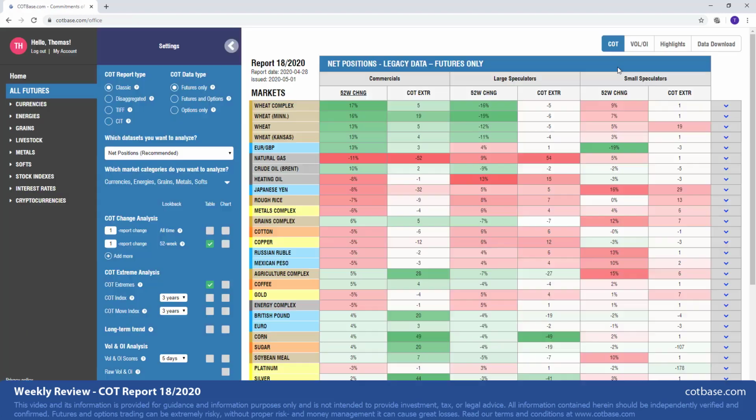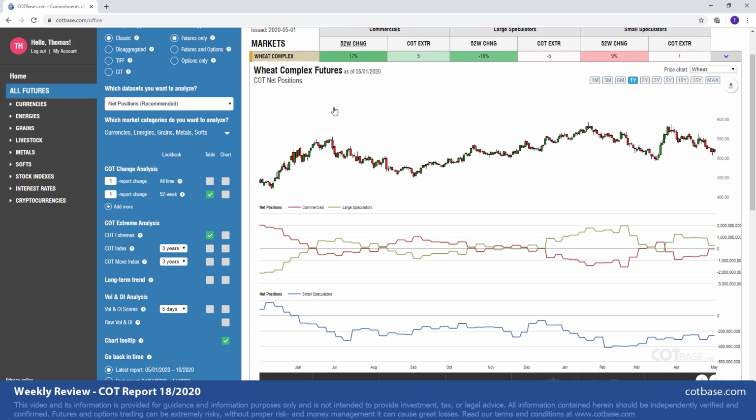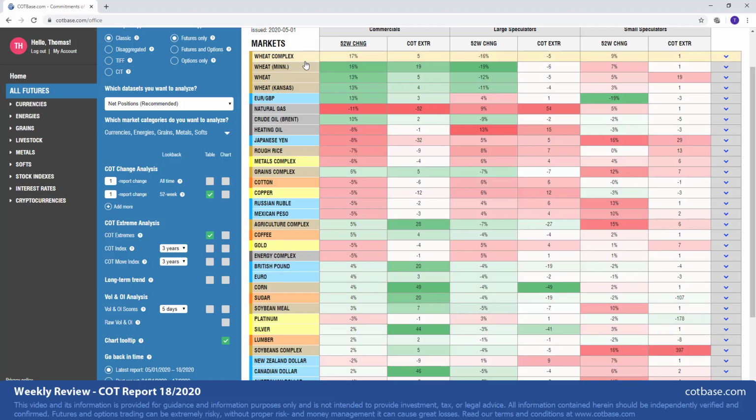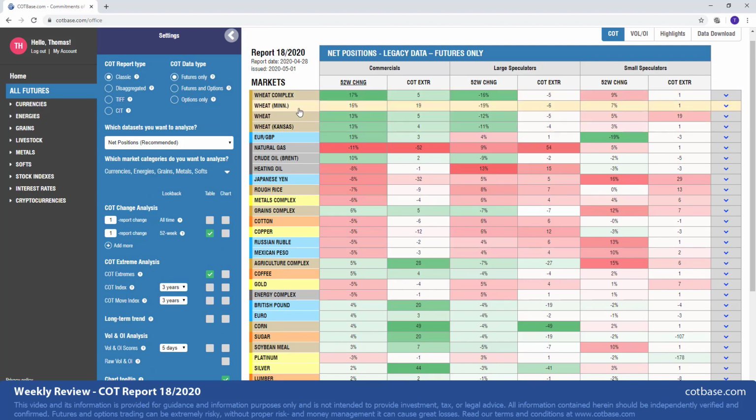So going back to the review and the 18th report, today I will show you the complex markets, because I've received many questions on what these are, and I'd like to show you what we have constructed because these are actually very unique, only available at COT Base. In this example that I'm showing you, we have all the wheat markets on top of our list: the Minneapolis wheat, the Chicago wheat, the Kansas City wheat.